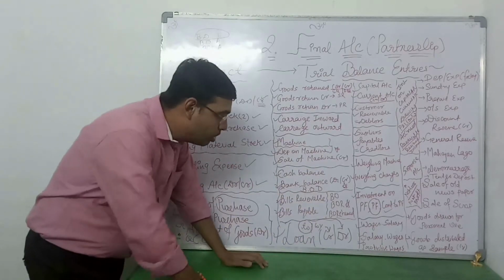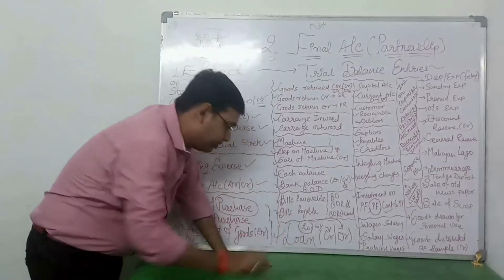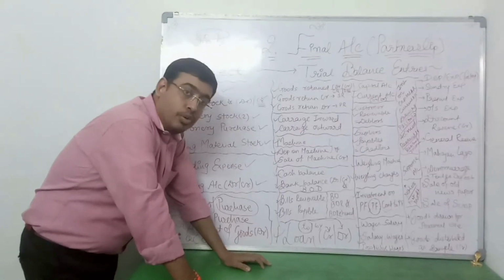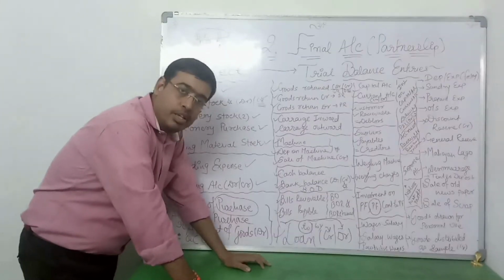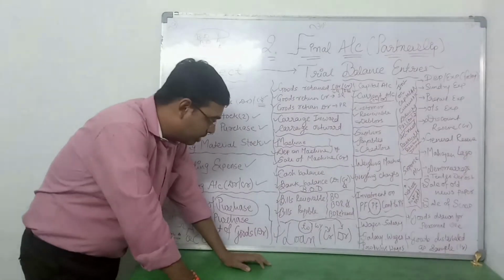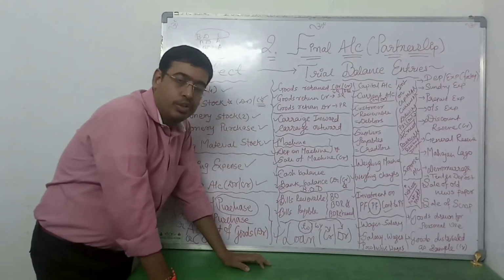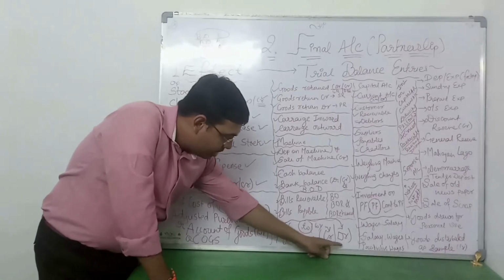Clear, Lalu? Clear, Bituji? Now let's go to loan. Now what is loan? Loan is one kind of borrowing or lending, given to a person or taken from a person. Now, if the word loan is given to you, you need to check first whether it is written on the credit side or the debit side.